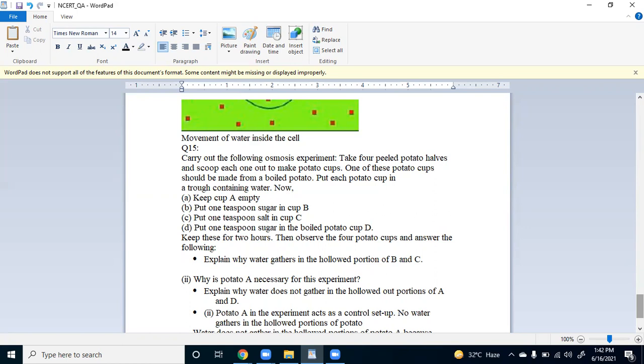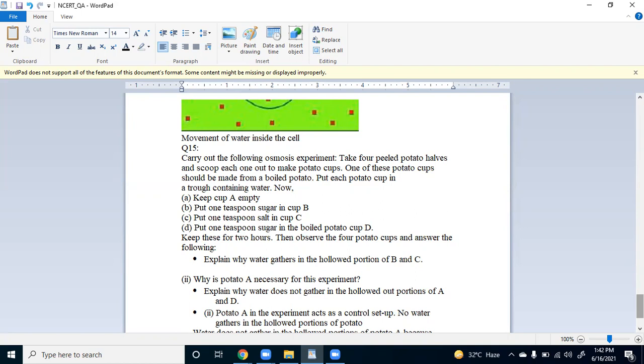Then you scoop out the potato and make cups from it. Out of these 4, you take 1 potato as a boiled potato. So there are 4 potato cups, out of which cup D, let's say, is the boiled potato cup.